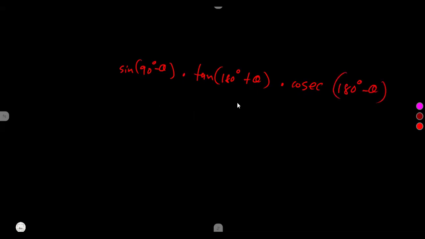All right, let's just do our last question. The sine of 90 degrees minus theta times the tan of 180 degrees plus theta, multiplied by the cosec of 180 degrees minus theta, everything over cot of 90 degrees minus theta. So the question there is to simplify, or to evaluate.